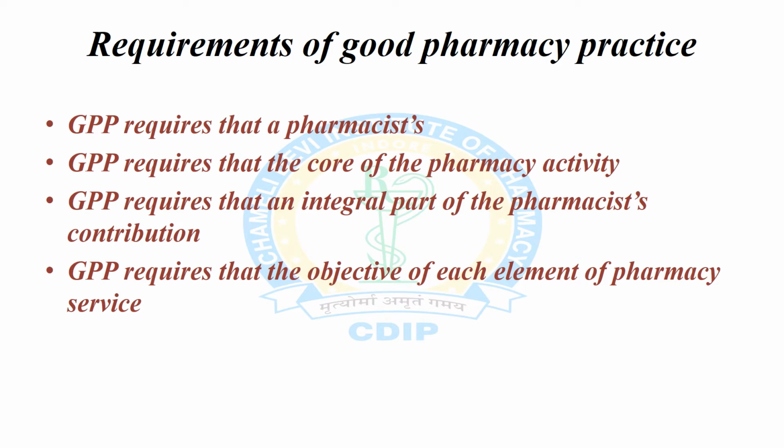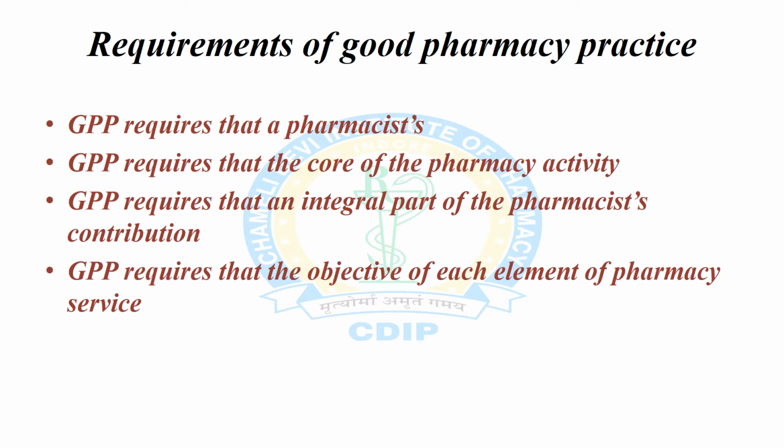Requirements of good pharmacy practice. Good pharmacy practice requires that a pharmacist's first concern in all settings is the welfare of patients. After that, it also requires that the core of pharmacy activity is to help patients make the best use of medicines.